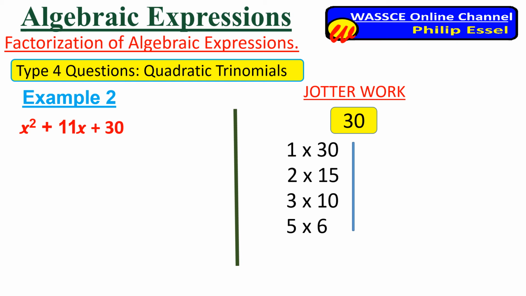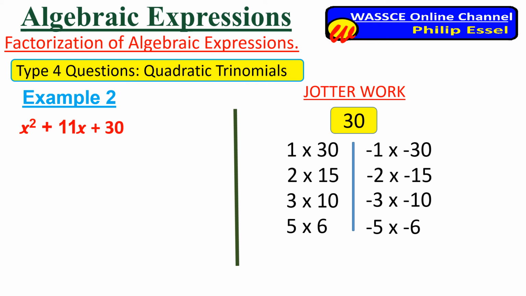Then we have the number -1 times -30 would also give us 30. Next, the number negative 2 times the number negative 15 would also give us 30. Next, the number negative 3 times the number negative 10 would give us 30. Then finally, the number negative 5 times the number negative 6 would also give us 30.